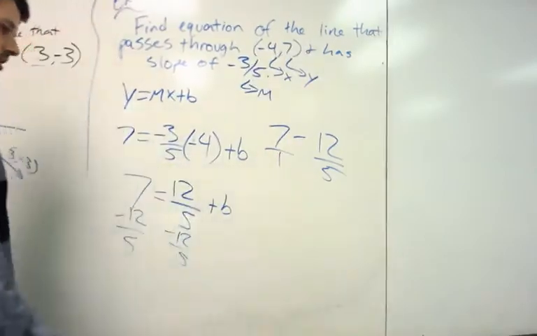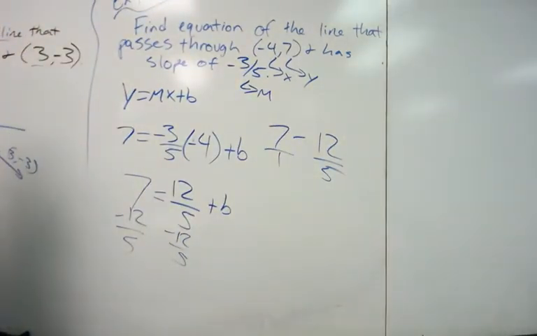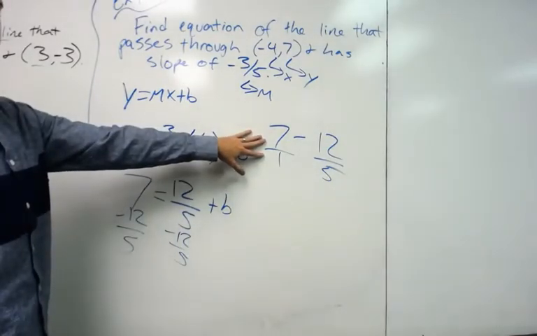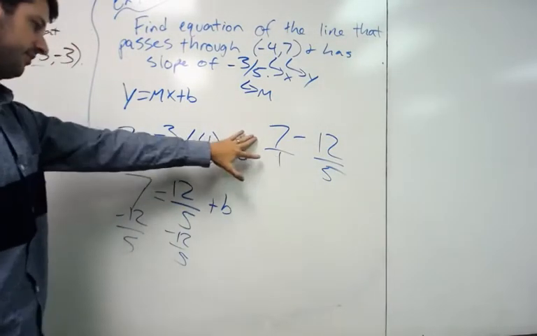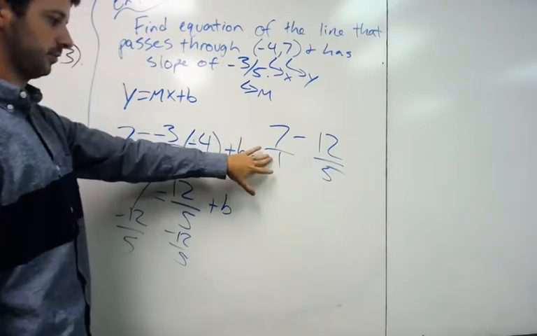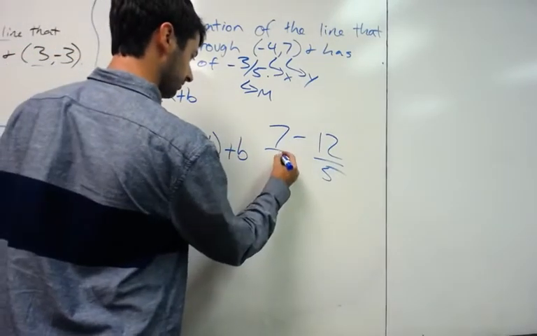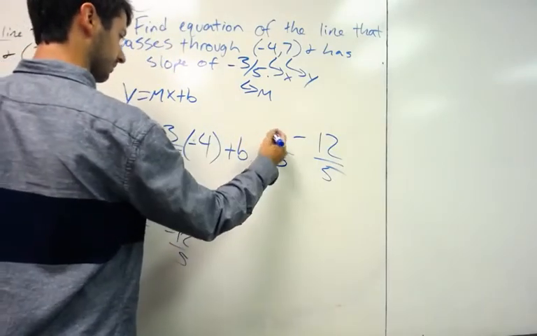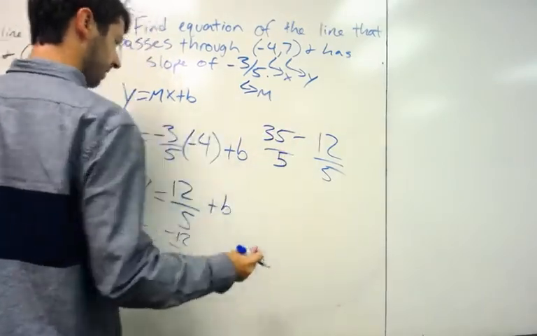We'll subtract the fraction over here. Put the 7 over 1. Find the least common denominator. The least common denominator between 1 and 5 is obviously 5. So we're going to have to multiply the 1 by 5, and we're going to have to multiply the 7 by 5. To do it to the bottom, you have to do it to the top.